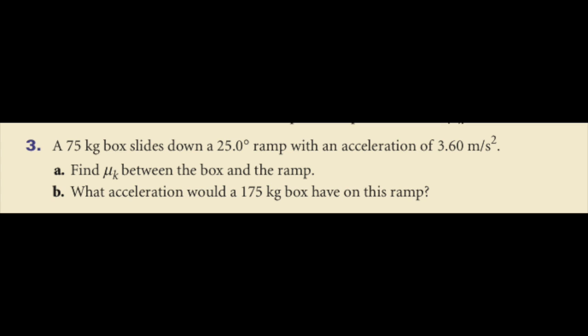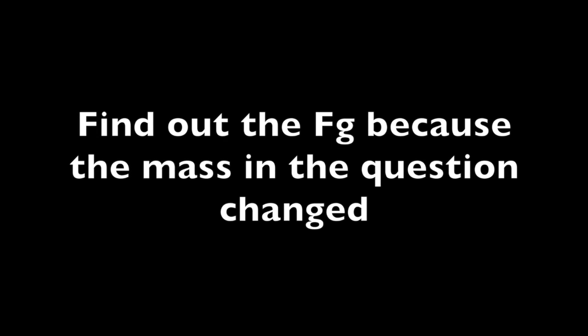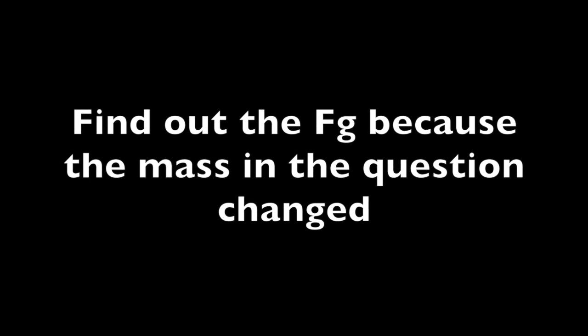And now let's move on to part B. What acceleration would a 175 kilogram box have on this ramp? Next for part B, we first find the Fg, because in the question the mass changed, so we have to find the Fg again.